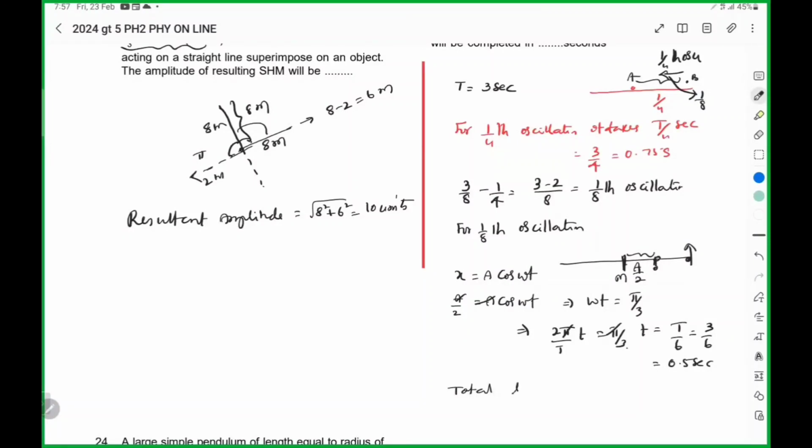So total time taken for 3 by 8 oscillation is 0.75 plus 0.5, 1.25 seconds.